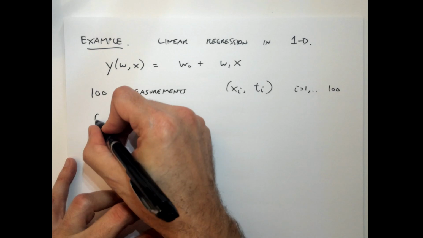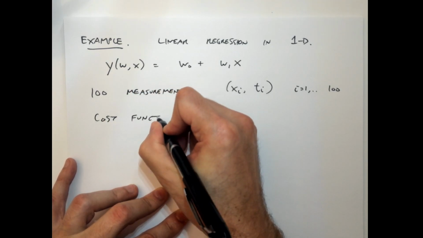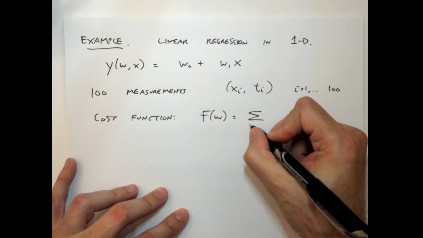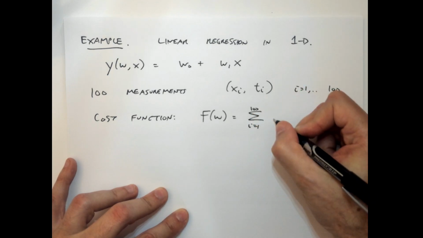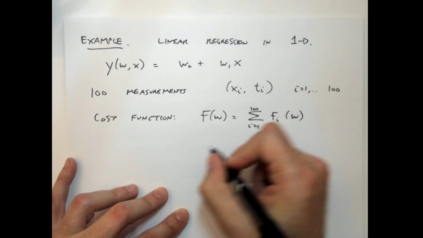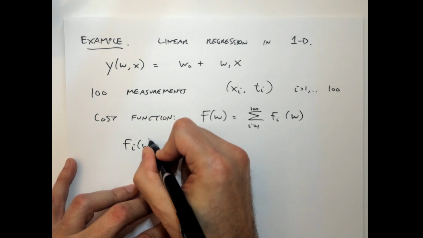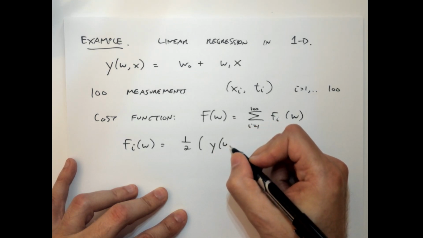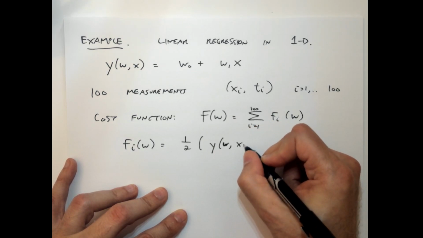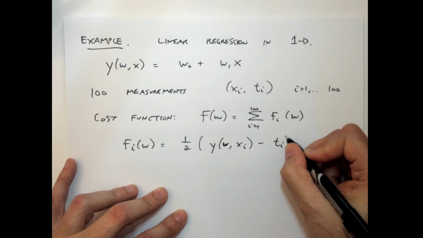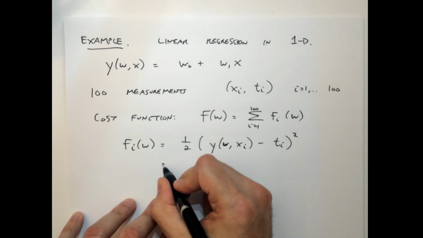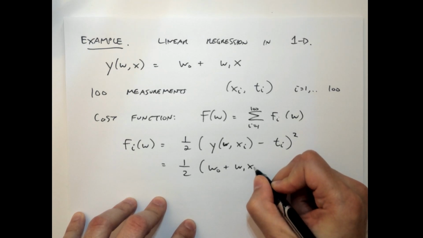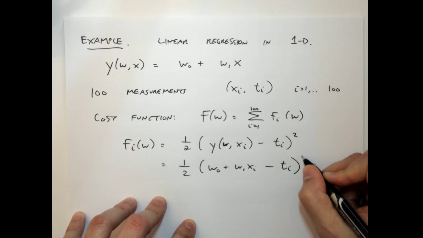And let's suppose my cost function is the error over all these 100 points, where each of these error functions is like, how badly did I do at point xi? And again, I know what the model is. The model is saying I have my linear model minus what I saw.